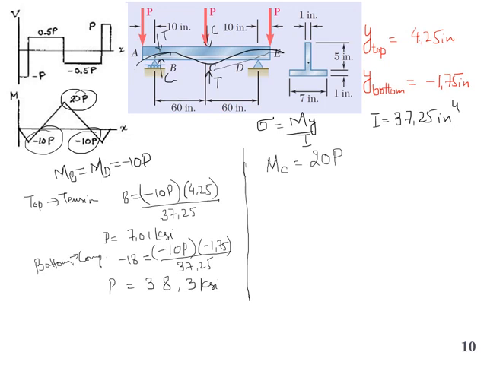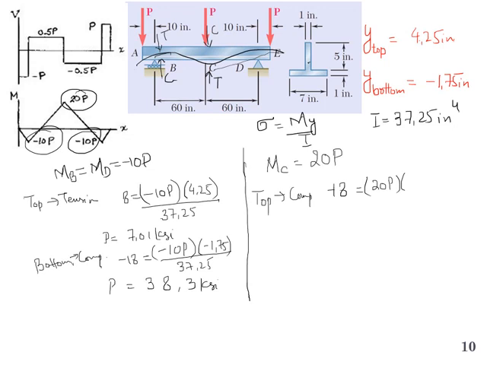If we look at that, bottom will be under tension and top will be under compression at C. So at C, top will be under compression, and the allowable compressive stress is 18 KSI times 20p moment.